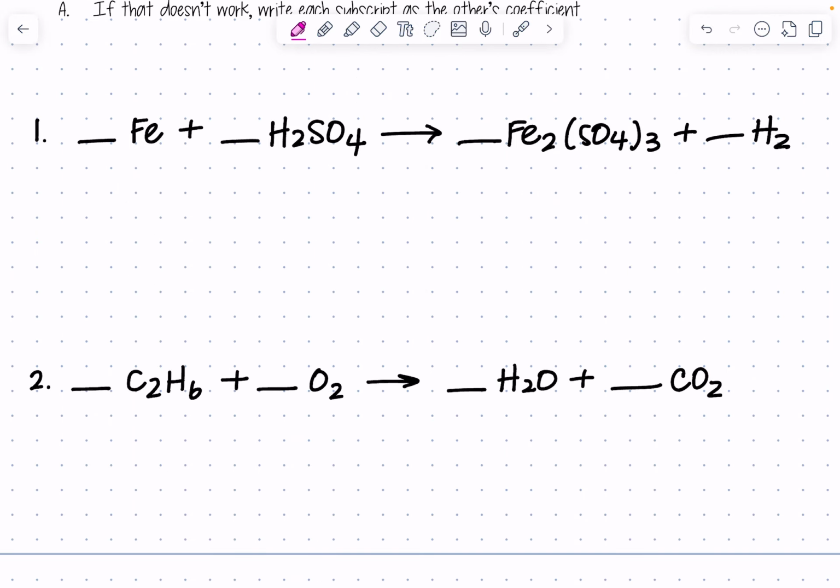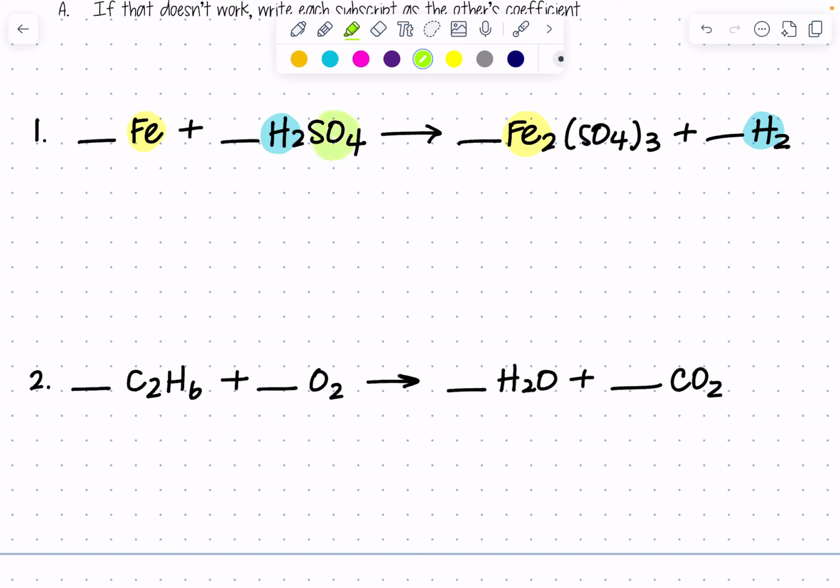All right, the first step that I'm going to do is to write out all of my given amounts. So here's my equation. The things that I'm going to count are my irons, my hydrogens, and then you see here, SO4 is present on both sides of the equation.